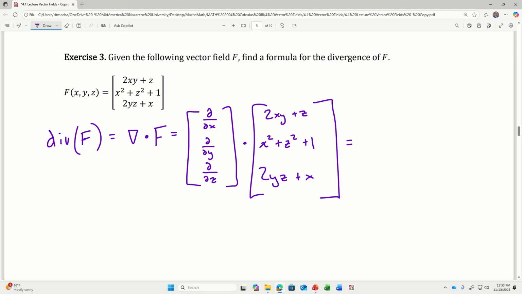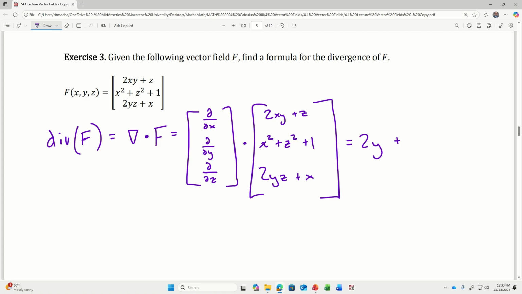And what you're doing is not actually multiplying, but we're just going to take the partial with respect to x of 2xy plus z. So what is that? 2y. Okay?